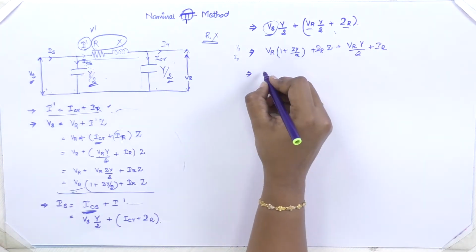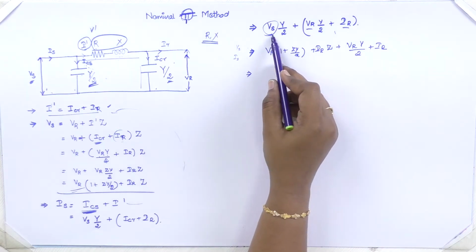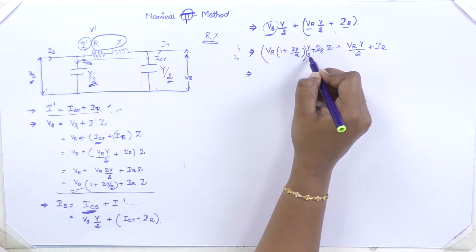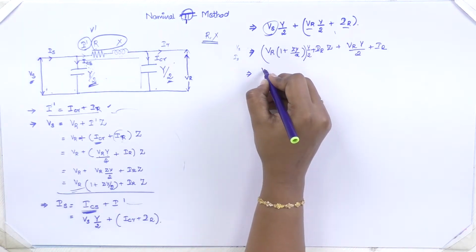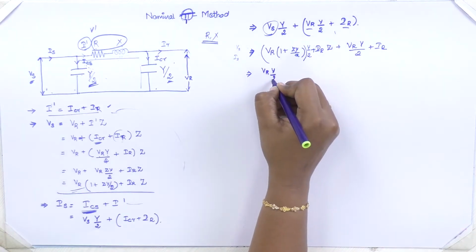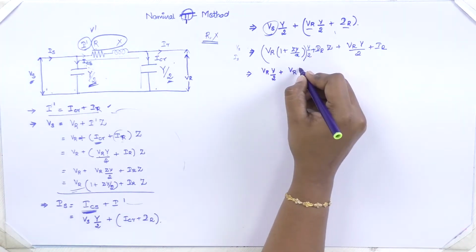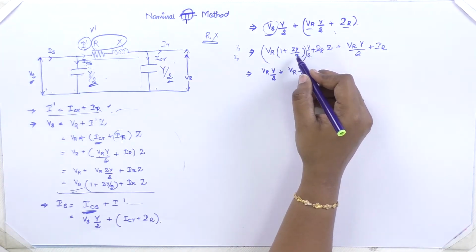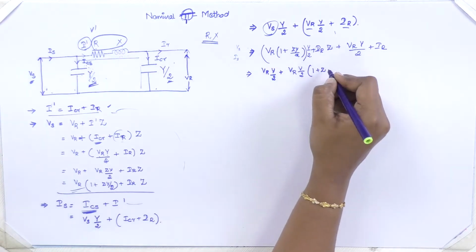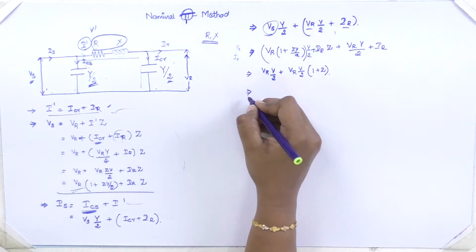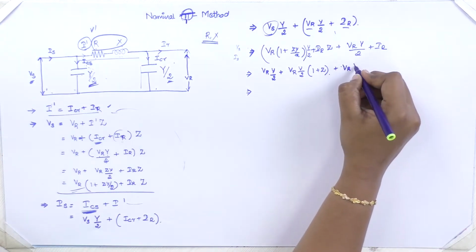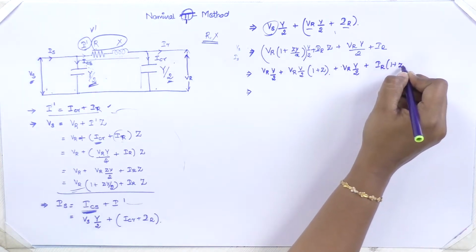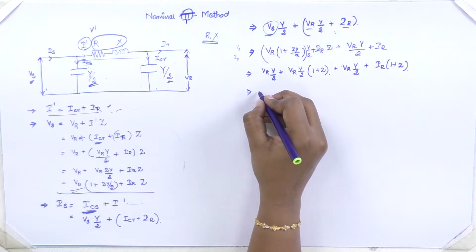So simplifying this equation, I take Y by 2 as common, so it will be 1 plus ZY by 2 multiplying VR and IR.